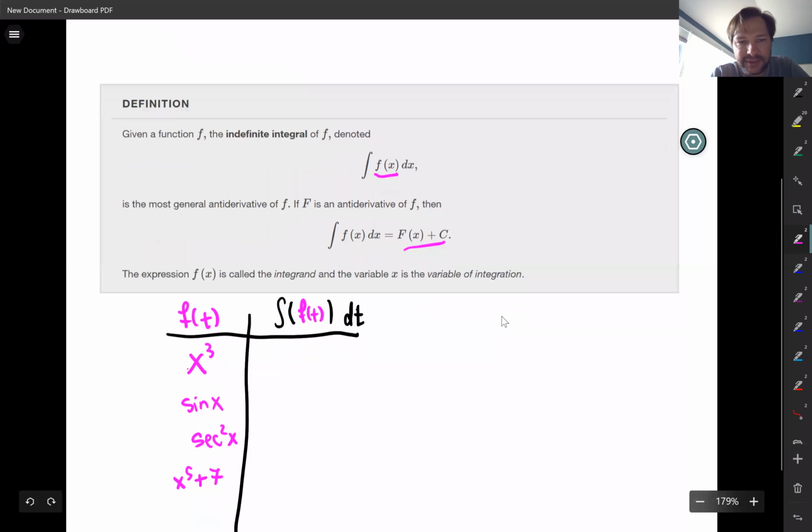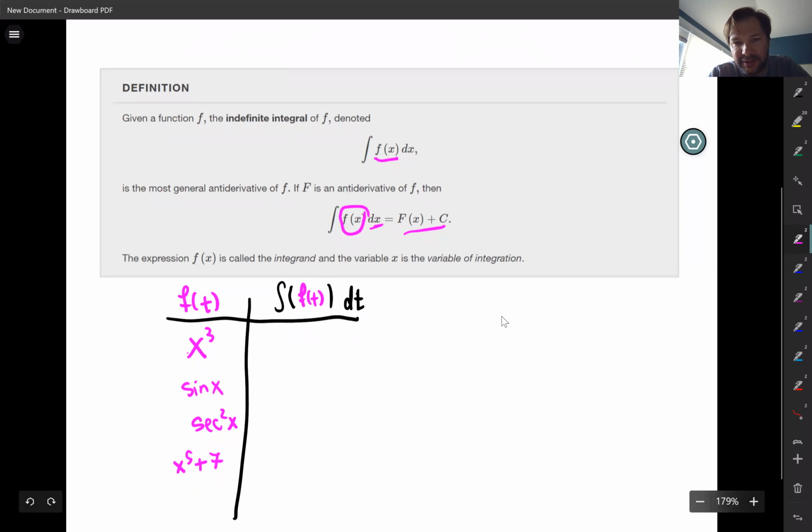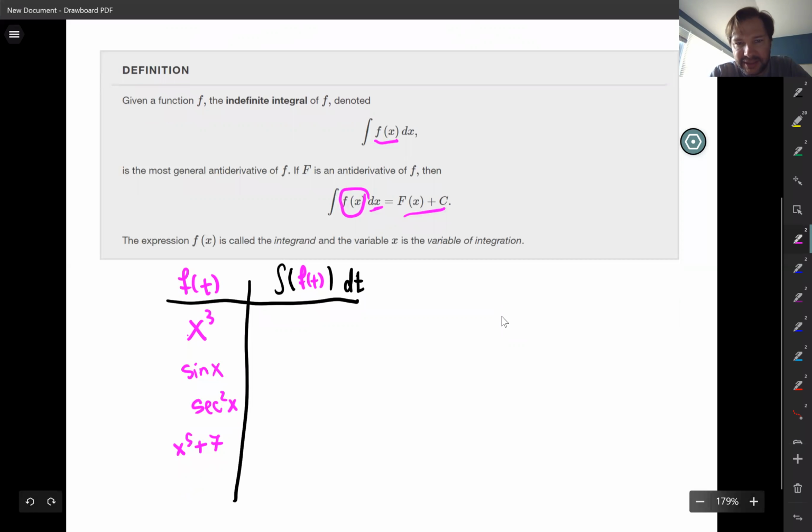The f of x is called the integrand, the thing that sits inside the s and the dx. The variable x is the variable of integration, because we're taking the integral with respect to x. The dx is the differential of x.